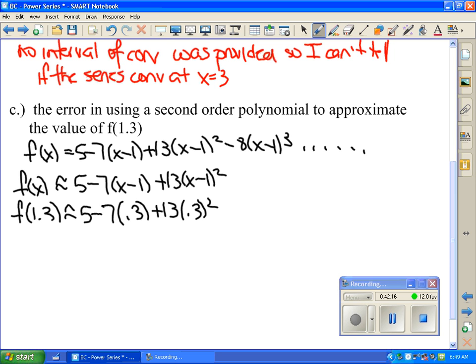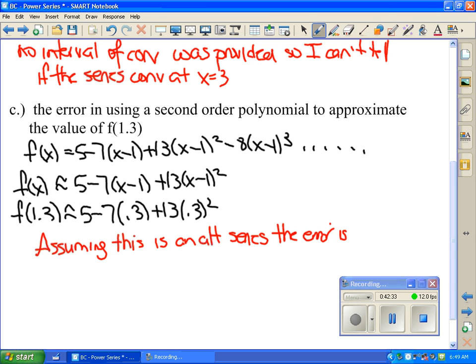And therefore, if we can assume this is an alternating series, the error is bounded by my first omitted term.